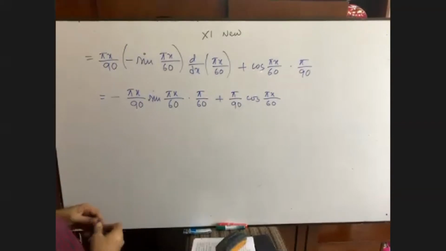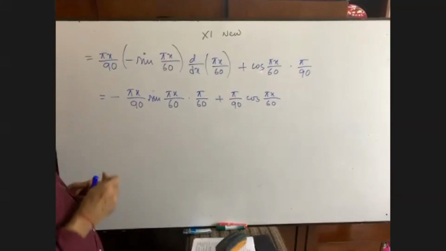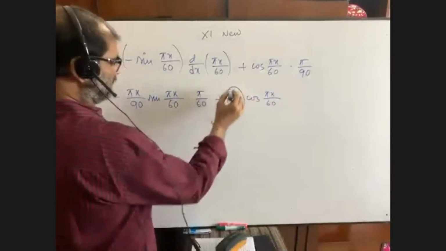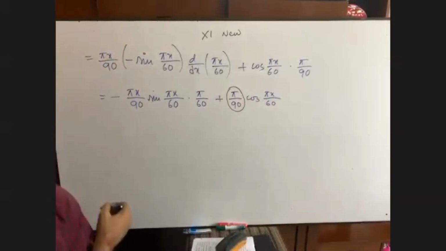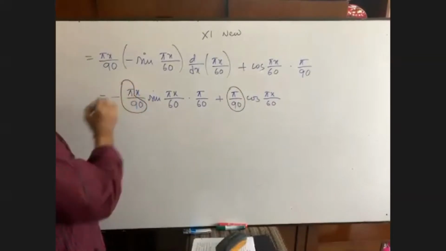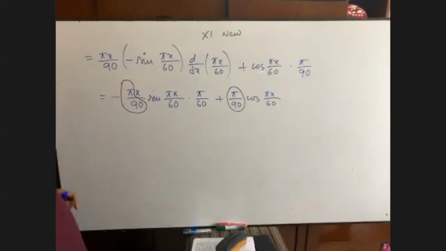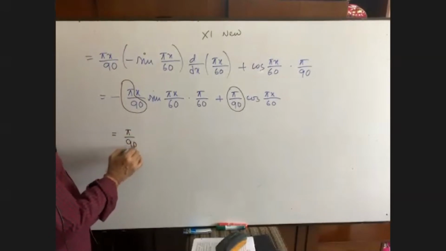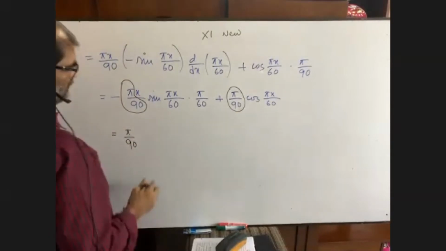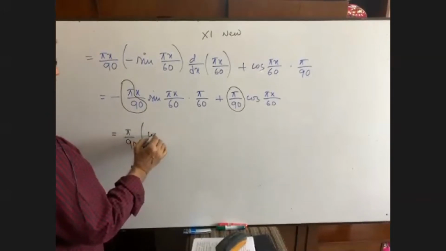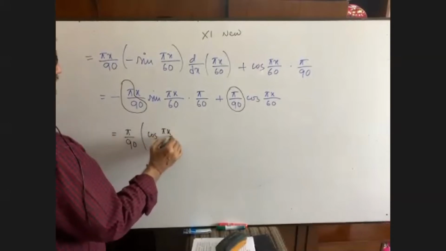What is common here? This pi by 90. I can take pi by 90 as common. So we're left with cosine pi x by 60.